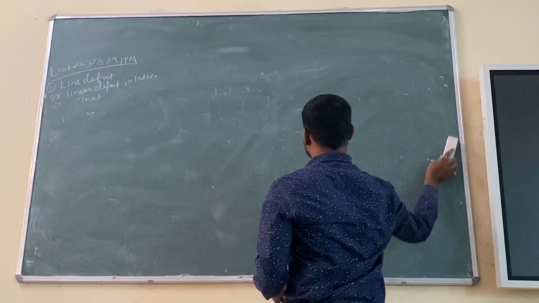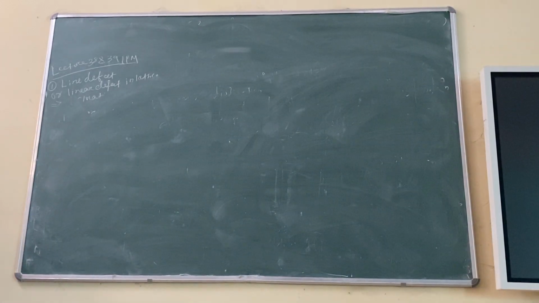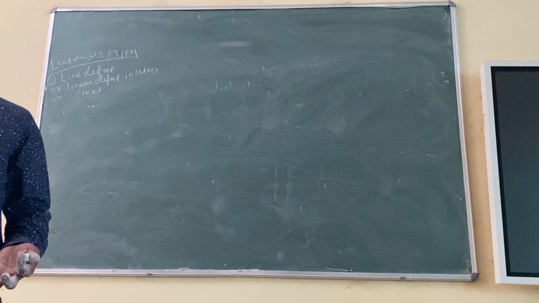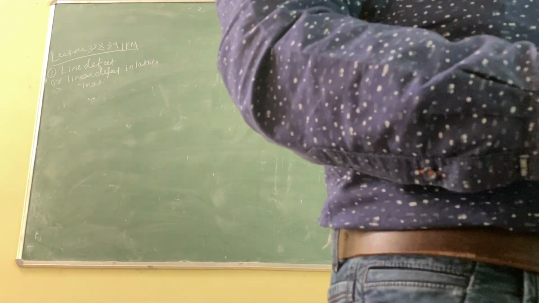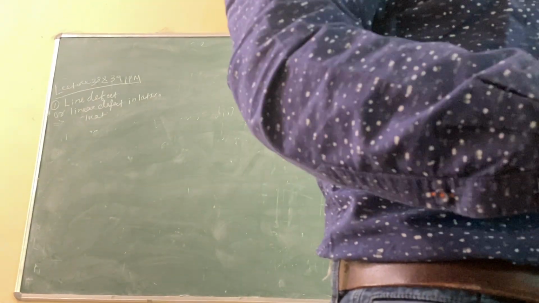That is how dislocation moves. Your question will be how dislocation moves. As I told you, if dislocation moves, plastic deformation will happen. If dislocation cannot move, there will be no plastic deformation. There will be only elastic deformation, right?